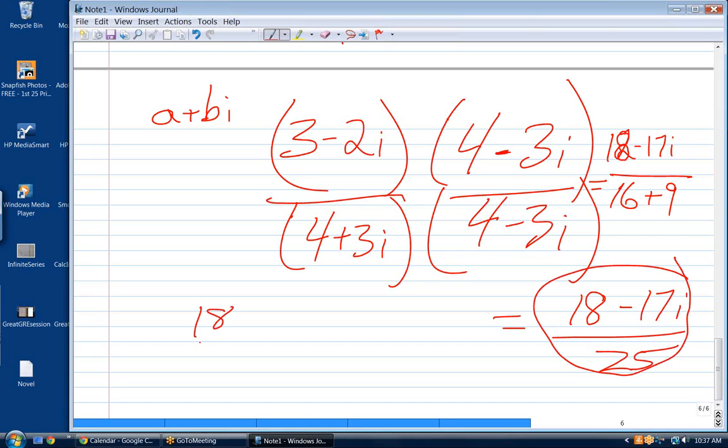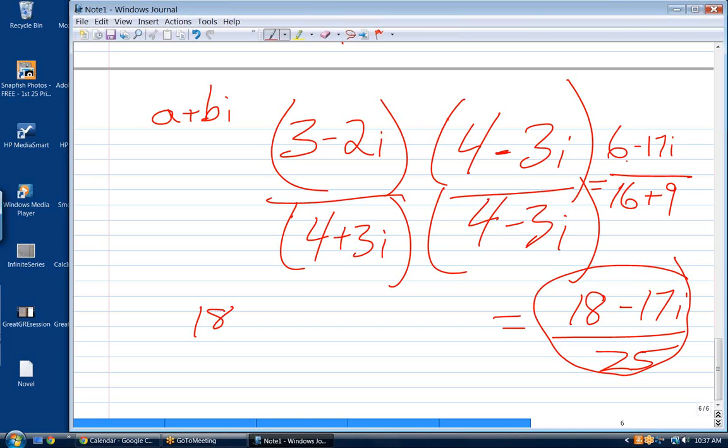So why is it 18? Because we had 3 times 4, which was 12, and then we had a plus 6i squared. Oh, yeah. Okay. But you're right. Plus 6i squared is minus 6. It isn't 18. It's 6. Okay.